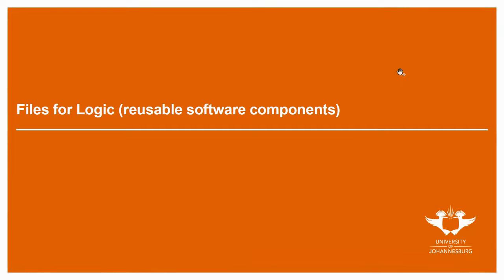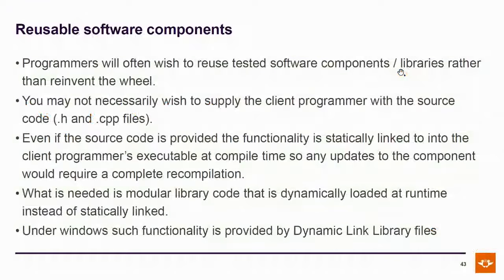So let's begin. All right, so we're looking at one of the mechanisms that exist for creating reusable software components. Part of the idea of modern software development is to create reusable partial solutions that can be combined with others to form solutions to more complex problems.